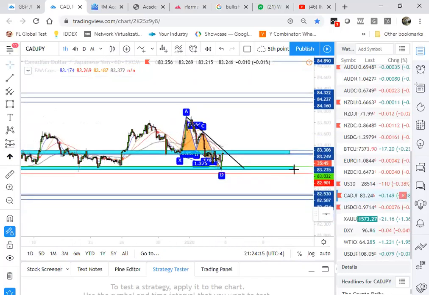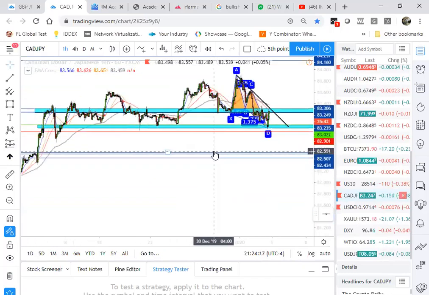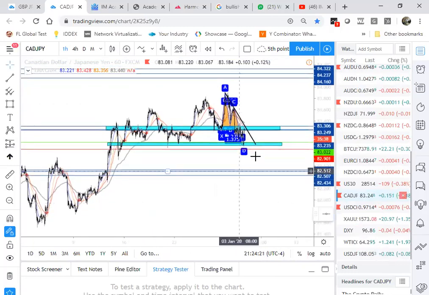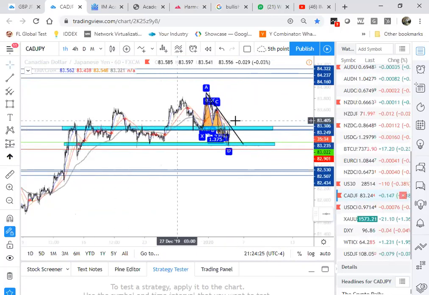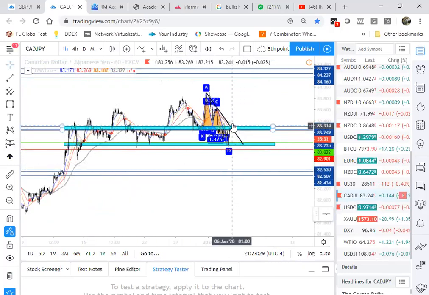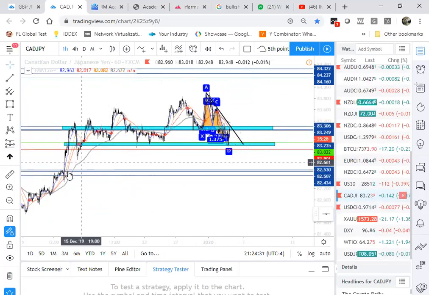So let us look at the fact that we have this area of imbalance here. The price trap gives an extra protection against price potentially going down to this point.